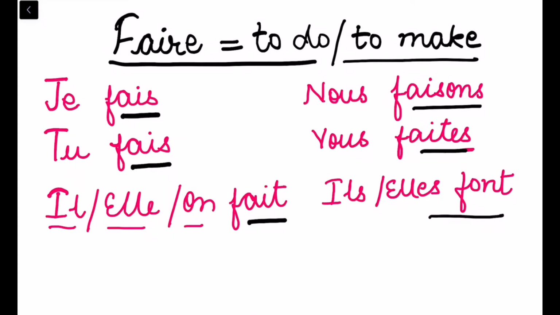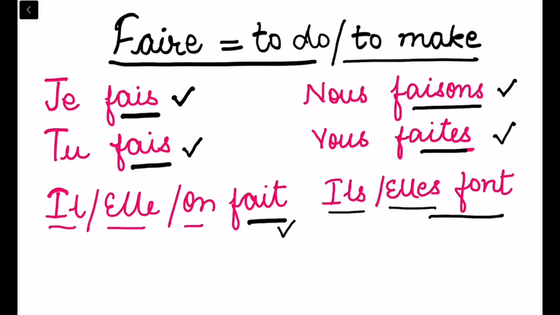The meaning is: I do or I make, you do, you make, and then he, she or one does or makes, we do, and then you do in plural, or for somebody who's elder to you, then also you'll be using vous. So vous faites, and then ils is for they masculine and elles is for they feminine. So ils font and elles font. That means they do.